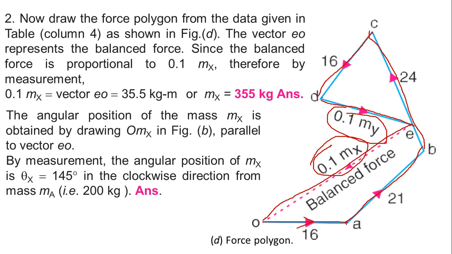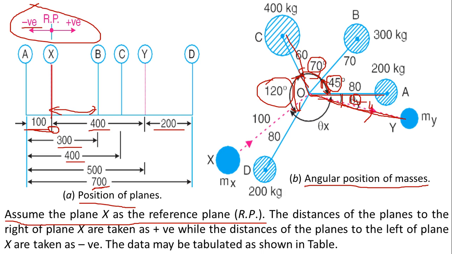You get this value by measurement as 35 or 36 something, so 35.5, and this will be equal to 0.1 mx, equal to vector EO, so that is 35.5, and from there you get mx as 355 kg. Now take this vector, whatever you got, and place it in figure B. So we are getting this now.